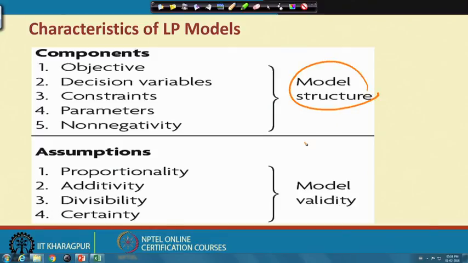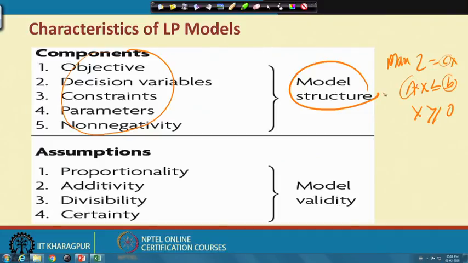So, if I like to address this, I can simply put it like this: maximizing z equal to Cx, subject to Ax less than or equal to b, and x greater than or equal to 0. Here C, A, B are the parameters, the objective is the entire function, and then the constraints, in vector format.